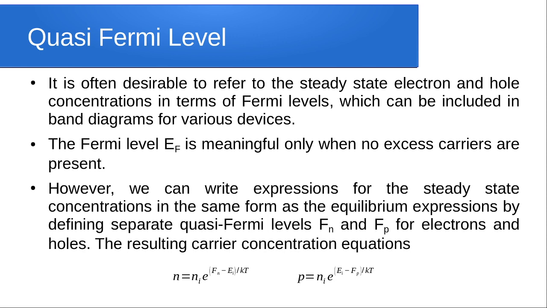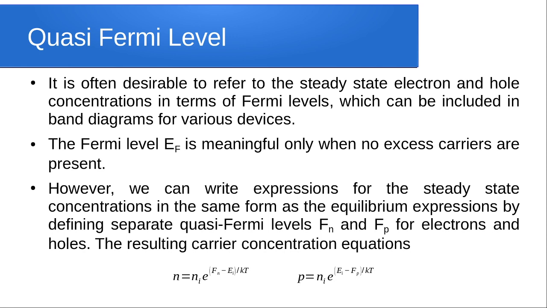Fn for electrons and Fp for holes, two different levels, which will help us use the same steady state concentration technique for analyzing the number of electrons and holes. So we are rewriting the number of electrons.